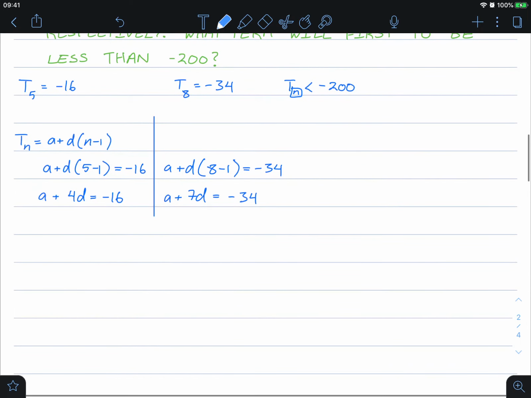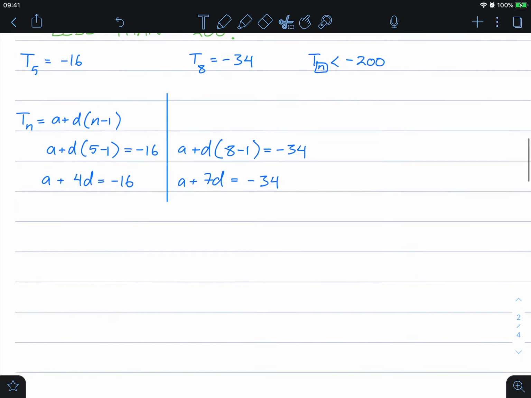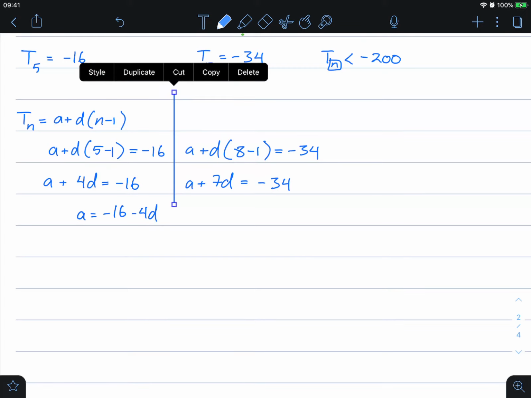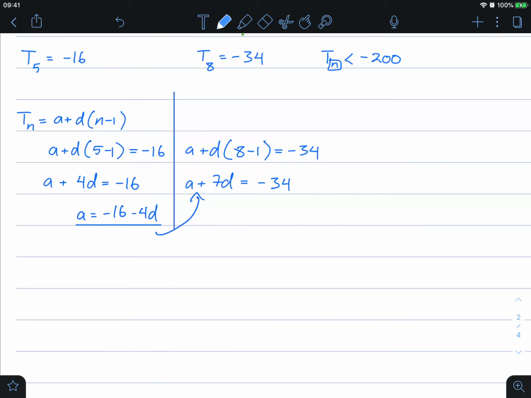Using these two in our simultaneous equations, you can use whichever method you like. I'm going to be using elimination again. Just for you all so you can see substitution, I'm going to rearrange this first one into a equals negative 16 take away 4d. I'm going to use this expression and substitute it here.